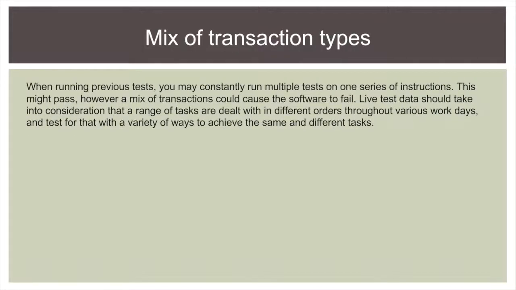When you test, you need to make sure you use a mix of transaction types. So what happens normally is that you run multiple tests on one series of instructions, and so the system might pass perfectly. But the problem is that a user doesn't usually run 50 different iterations of the same process all day. They would do a whole stack of different things.